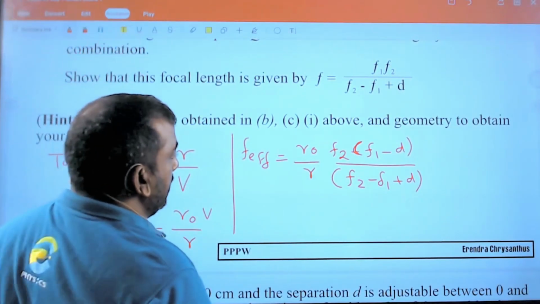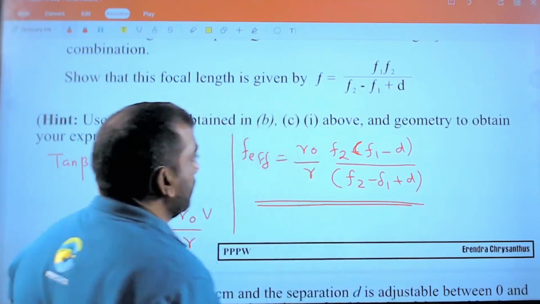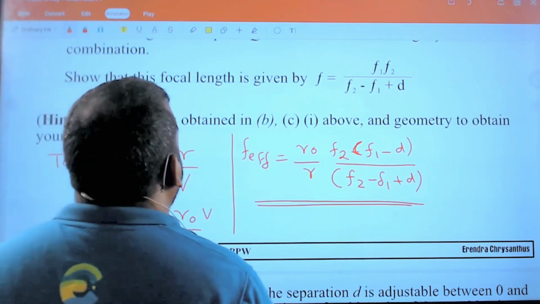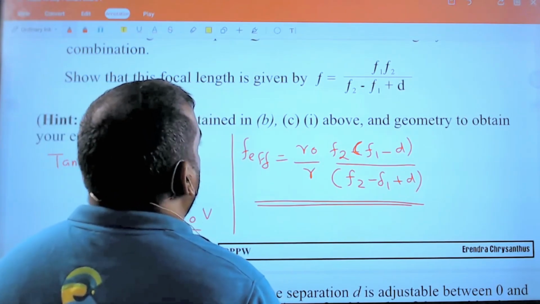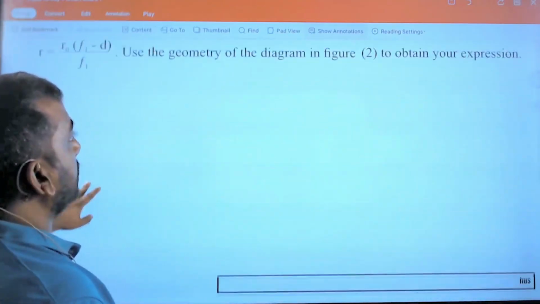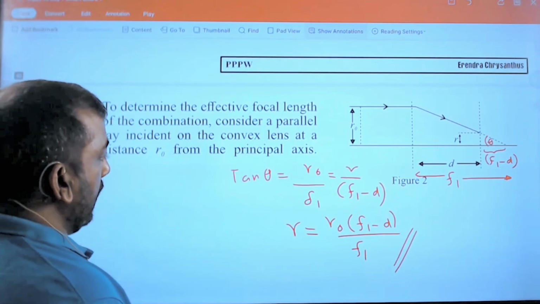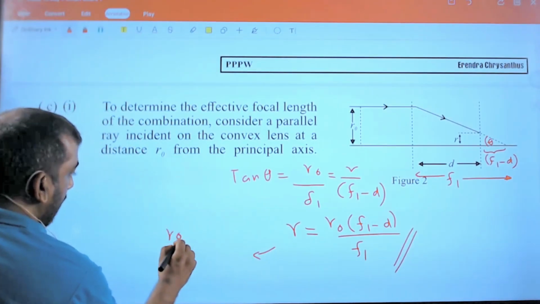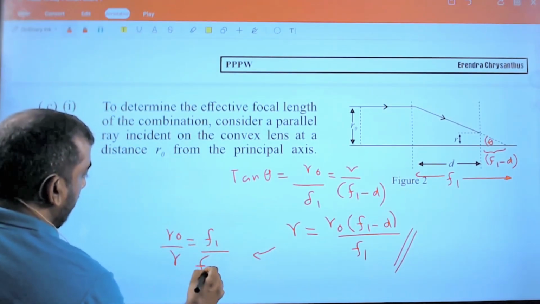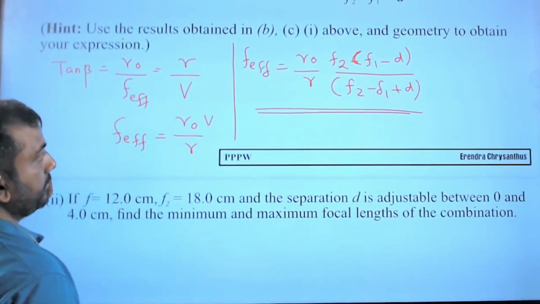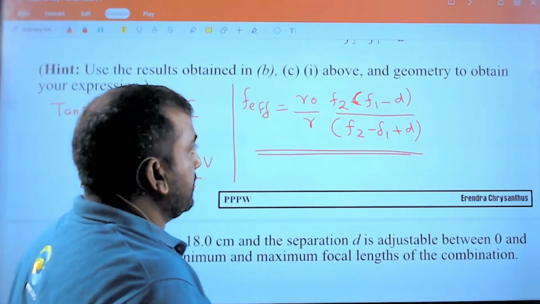So from this you can find the effective focal length. But they don't want it in terms of R naught to R. So R naught to R, let's substitute. R naught to R is F1 divided by F1 minus D. Substitute.